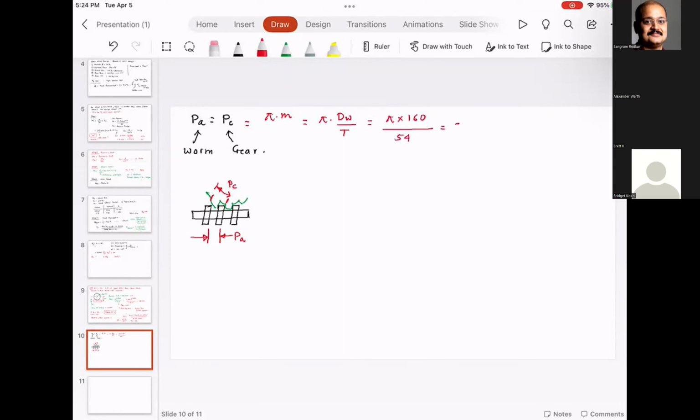So the axial pitch is 9.3 millimeter. And since we know the axial pitch is 9.3, I can just do module is dw divided by t, and that gives me about 3 millimeter.